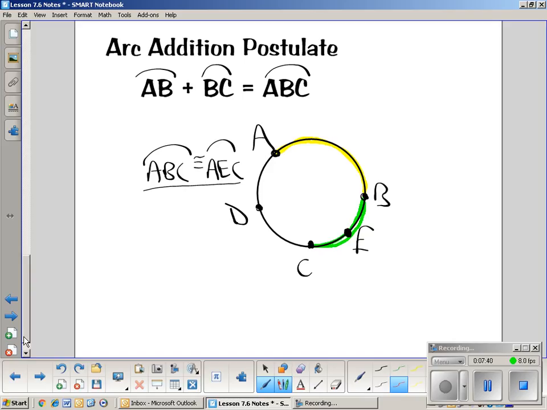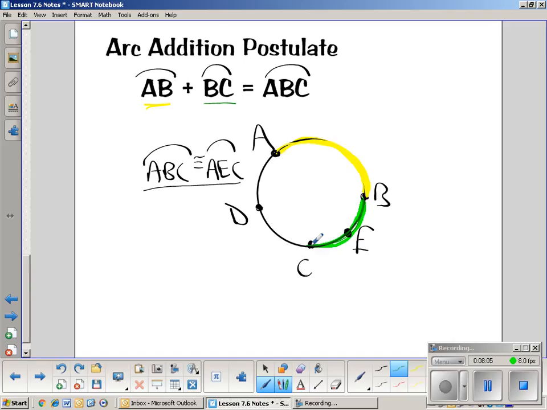So in this picture, we're saying arc AB, which is here, plus arc BC, BC is here, okay, is equal to arc ABC all the way around, from A to C, passing through B.